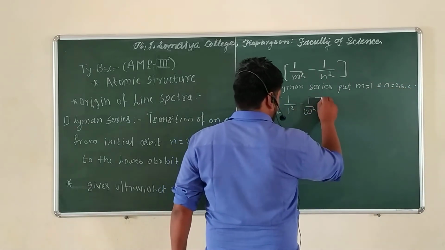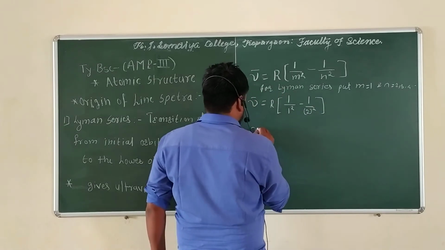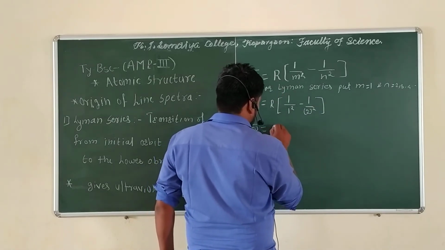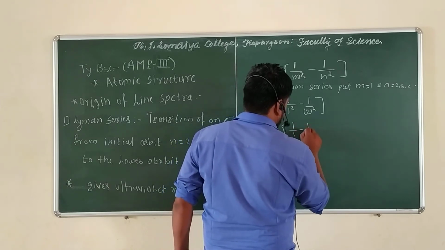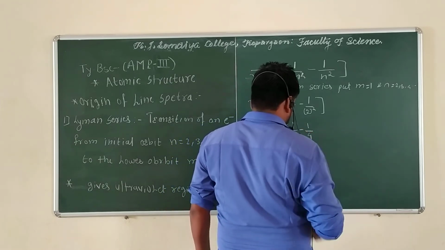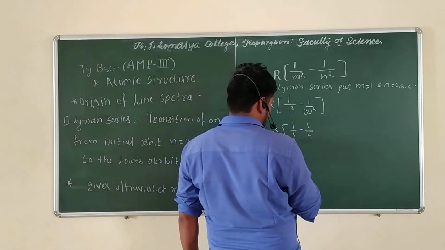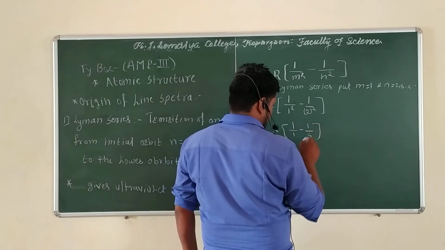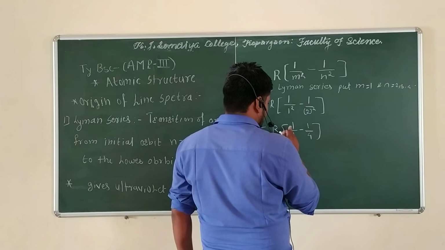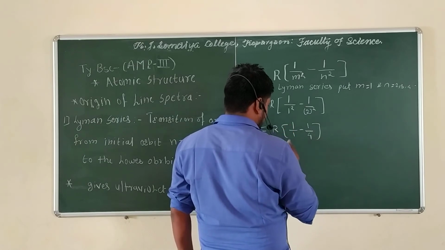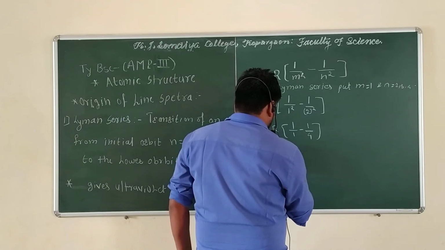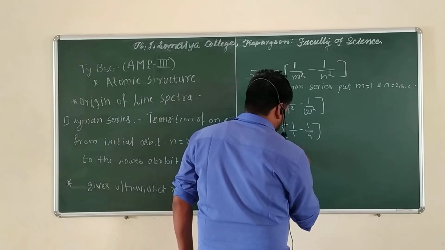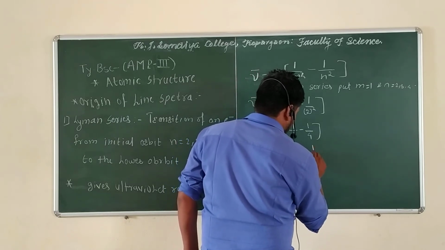So we'll do the calculation here. nu bar is equal to R into 1 by 1 minus 1 by 4. To calculate this, the denominator should be the same, so multiply by 4 and divide by 4, so we get R into 4 by 4 minus 1 by 4.